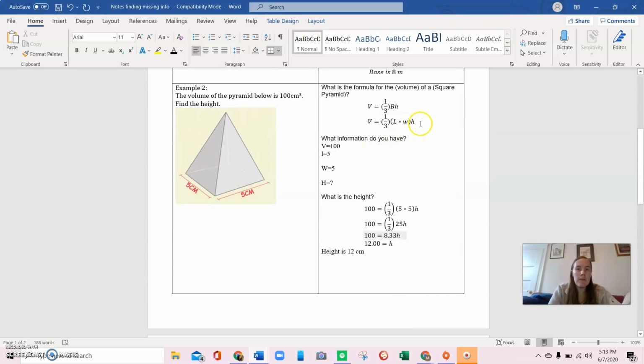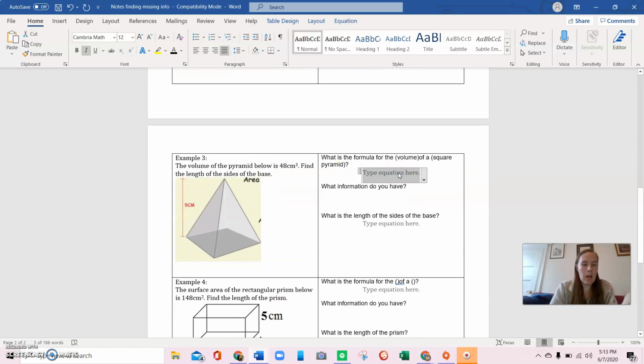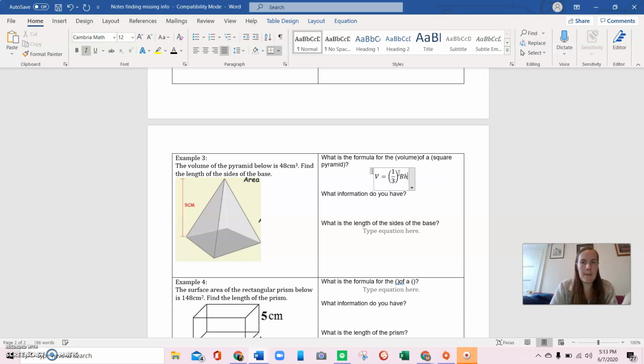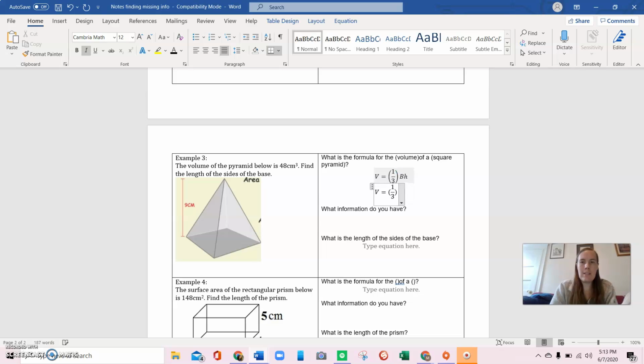So again, we're basically doing the same thing here. So the volume is what? Volume is 1/3 big B times h. In this case, the volume is 1/3. What is the big B? Sides squared, or length times height, then times h.